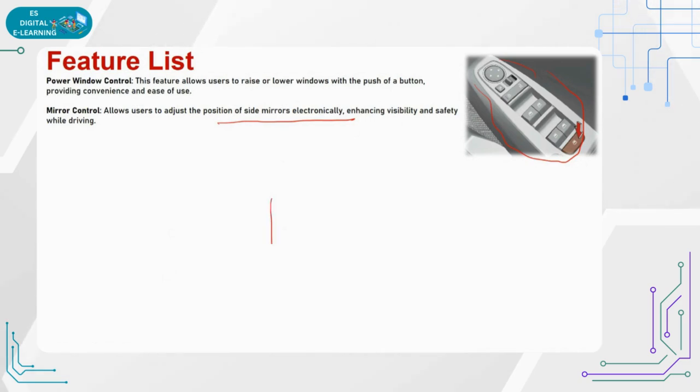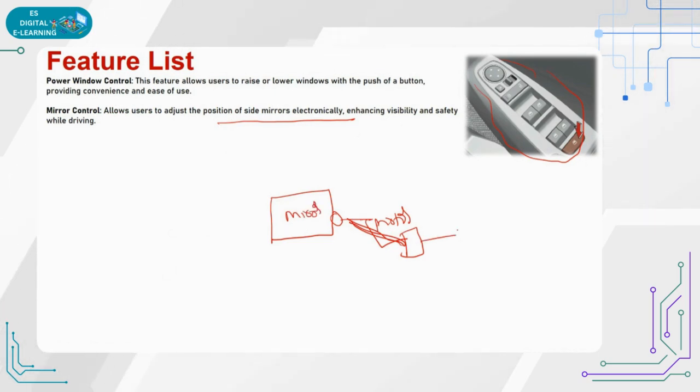So what generally happens? Even the mirror has a motor at the back end. Okay, so imagine this is a motor. It gives the movement to the mirror here.